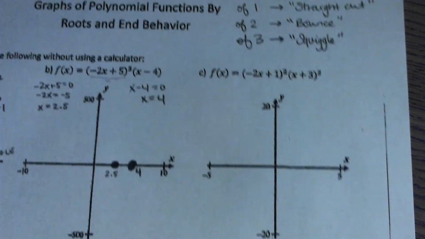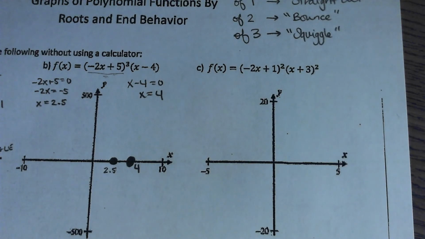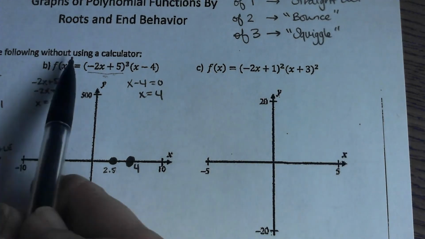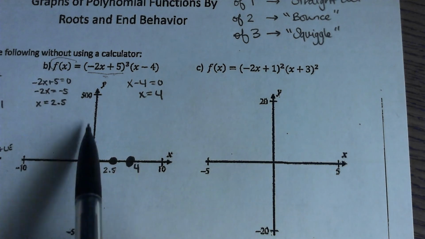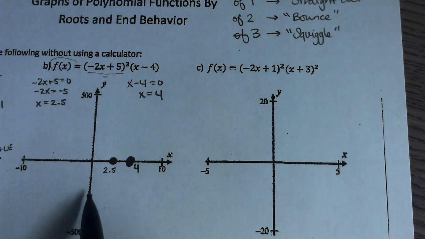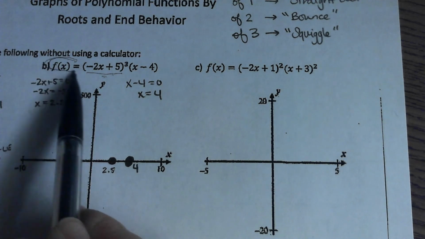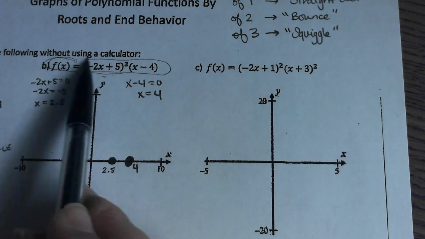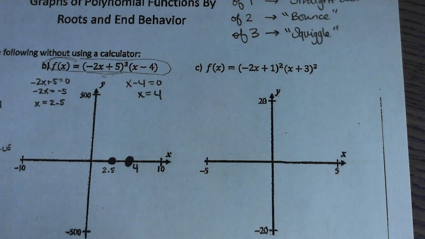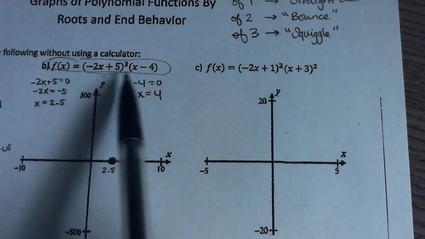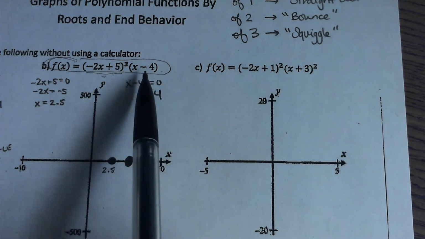Those aren't really scaled well, but I didn't want them on top of each other. Okay. What is the overall degree? So before we start drawing, we have to decide, is this starting high or is it starting low? What is the overall degree of our function? 4, exactly. 3 on this root, 1 on this makes 4 total.